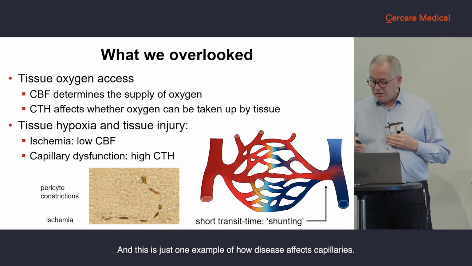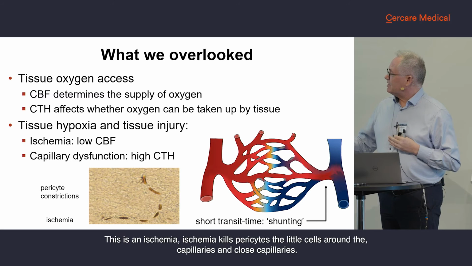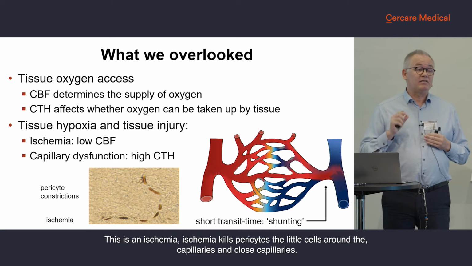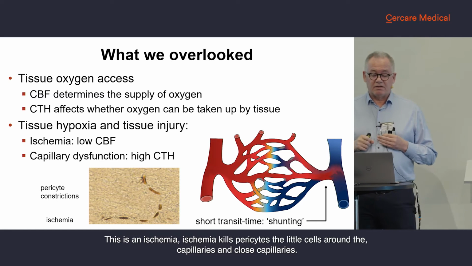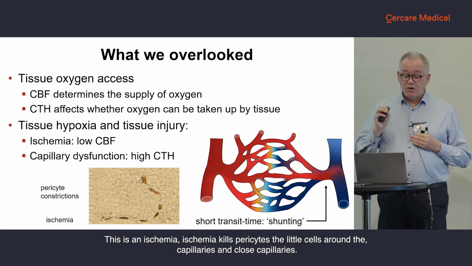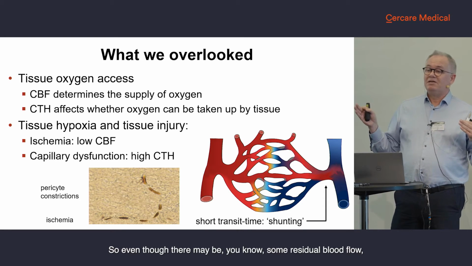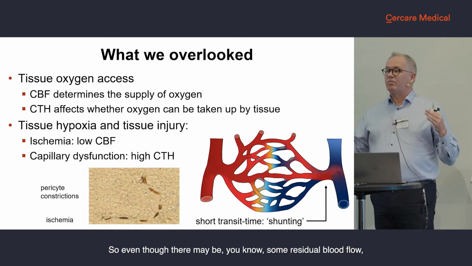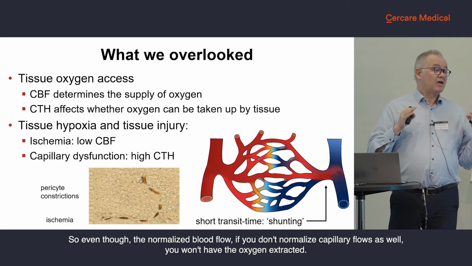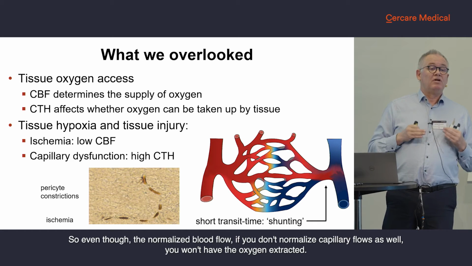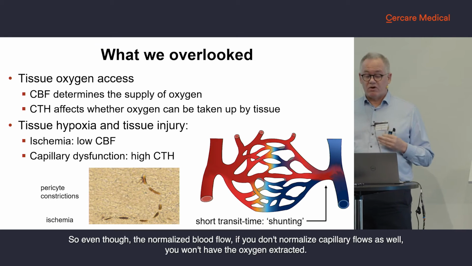And this is just one example of how disease affects capillaries. Ischemia kills pericytes, the little cells around the capillaries, and closes capillaries, and that causes shunting. So even though there may be some residual blood flow, it may not be well distributed. So even though you normalize blood flow, if you don't normalize capillary flows as well, you won't have your oxygen extracted.